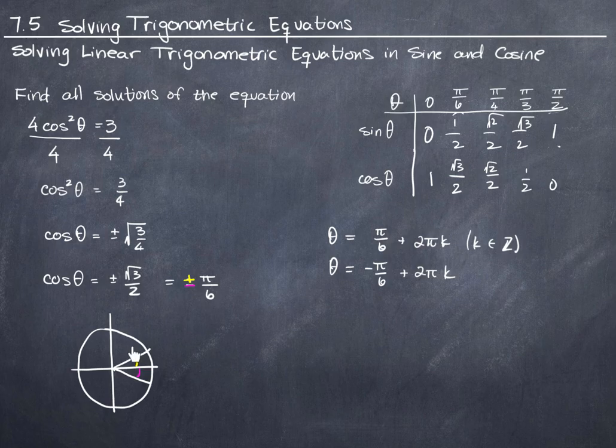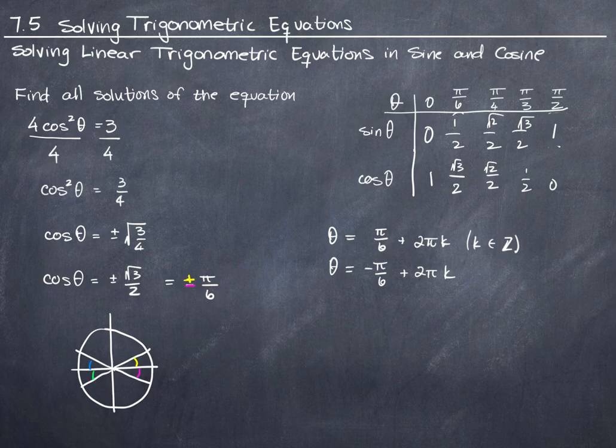It's also positive in this quadrant because everything's positive there. And we've already got those two quadrants covered. However, in this case, we want positive or negative square root of 3/2. So we want these two angles as well. I'll use blue for this one and green for this one.